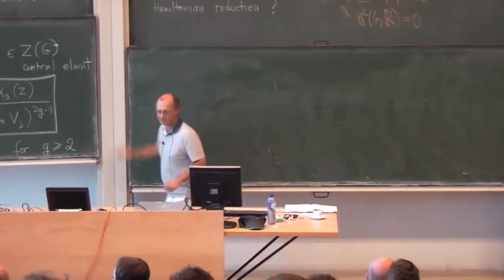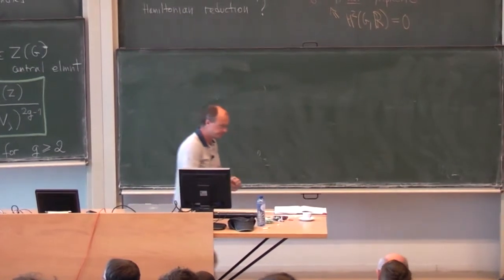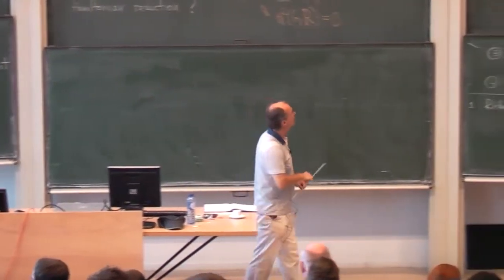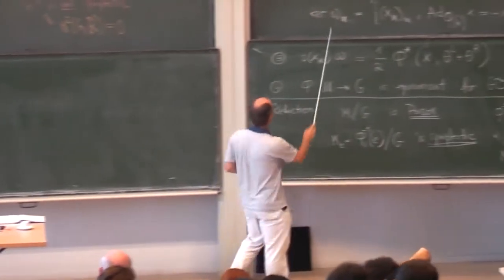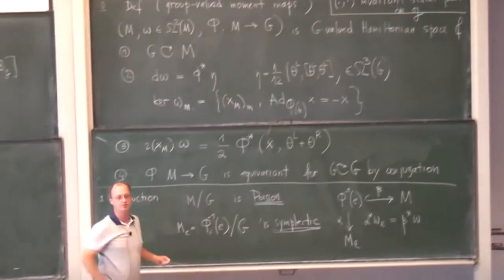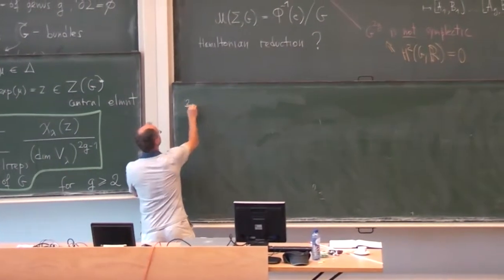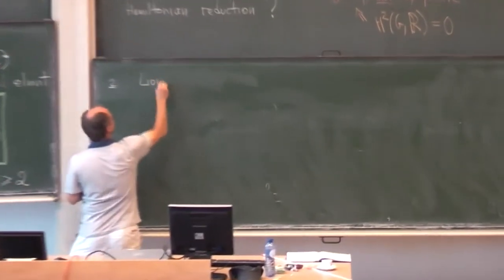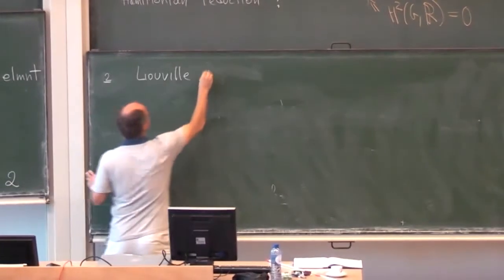Well, we have a little bit of a problem here, because the form omega is degenerate, right? So if we simply take the Liouville volume.